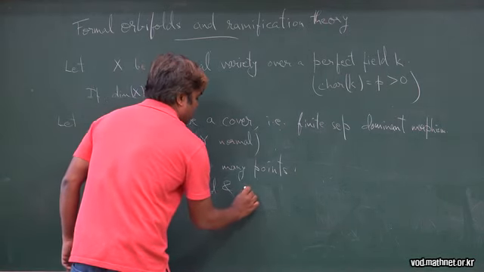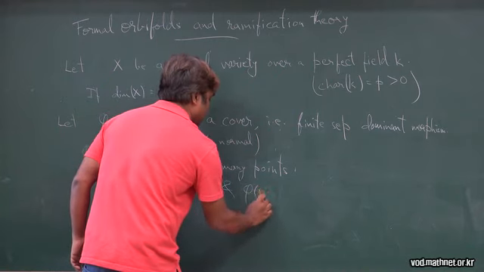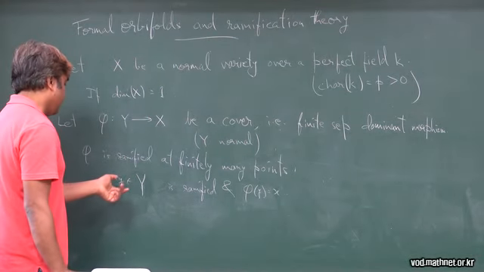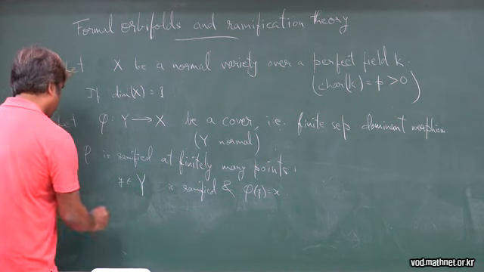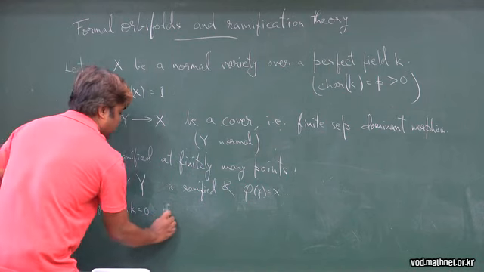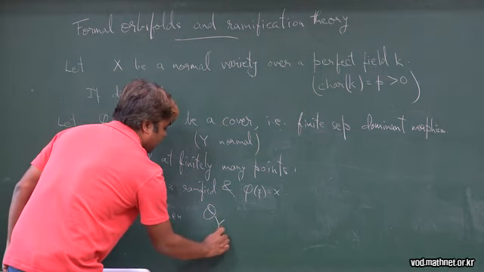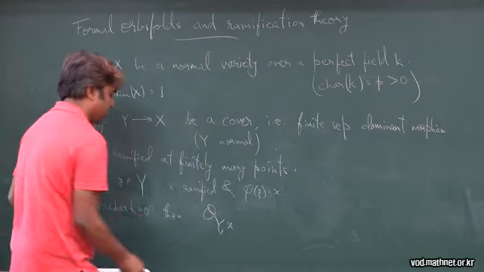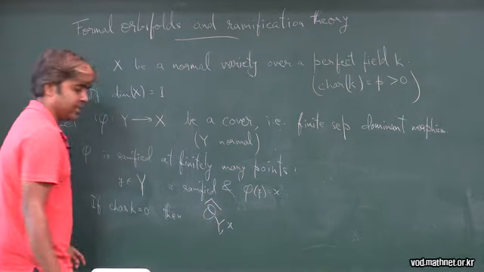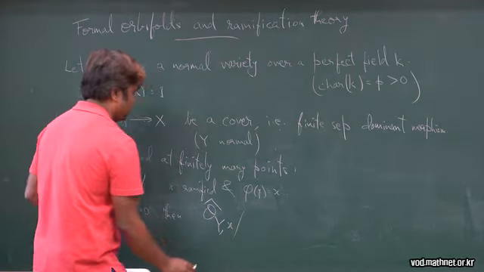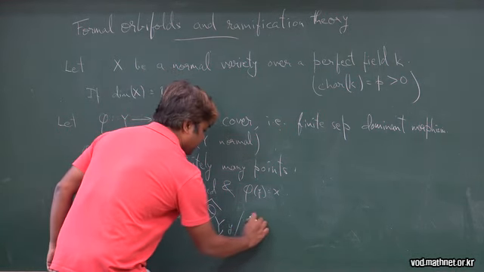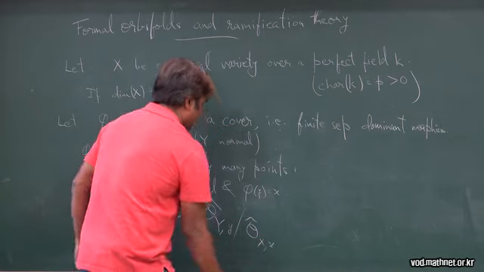Say phi of y is equal to x, an element of X. Then what happens locally? If characteristic K is 0, then this local extension, to really get rid of the global data, one should complete it at x.